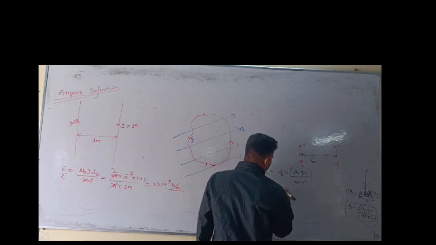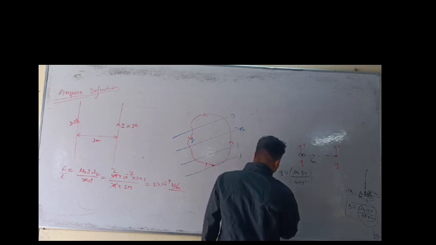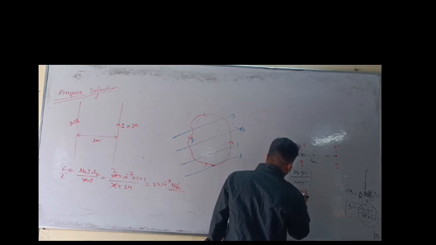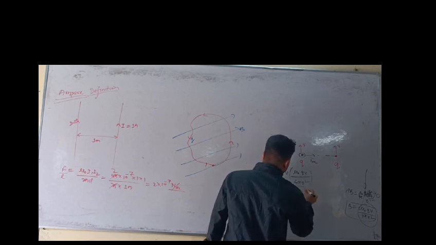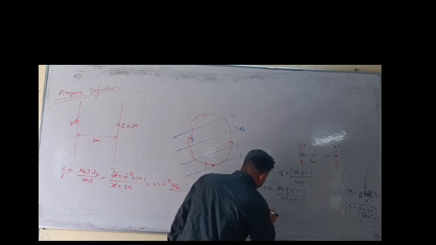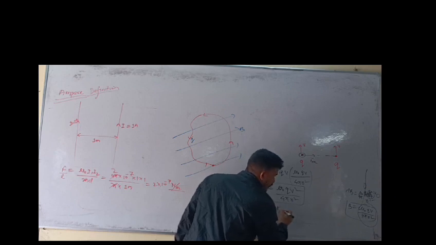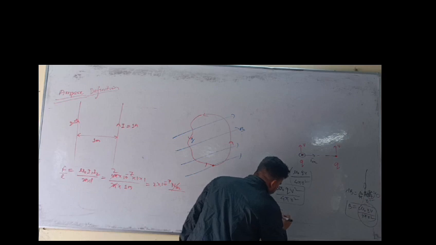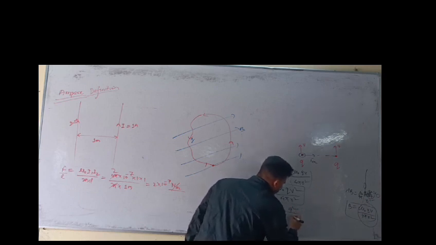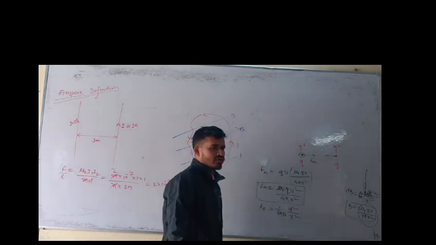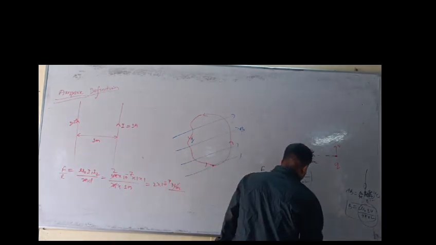So mu naught q v square upon 4 pi r square is the magnetic force. What about electric force? K, 1 by 4 pi epsilon naught, q square upon r square. Yes or no?